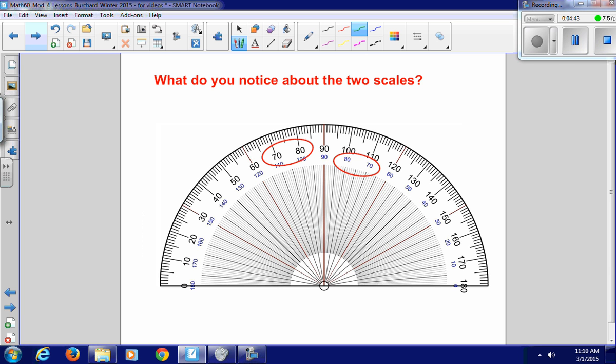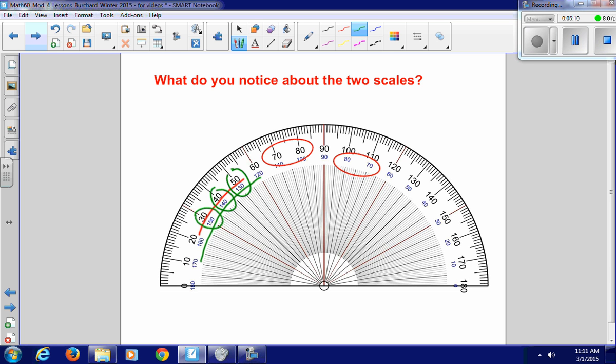The other thing you notice is that we have two different scales. We have this scale here, and then we also have this scale out here. And if you notice those numbers, they all add up to 180: 30 plus 150, 40 plus 140, 50 plus 130.